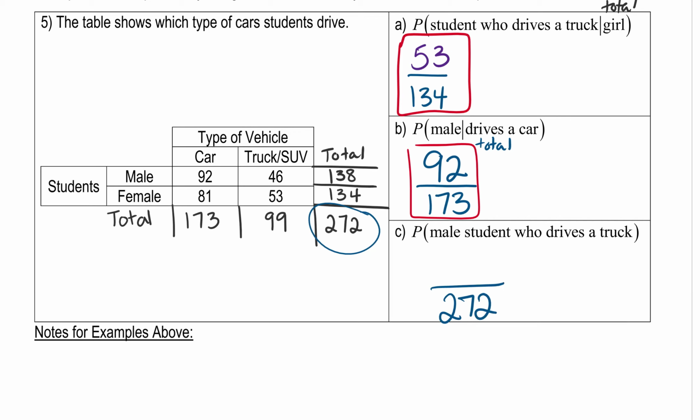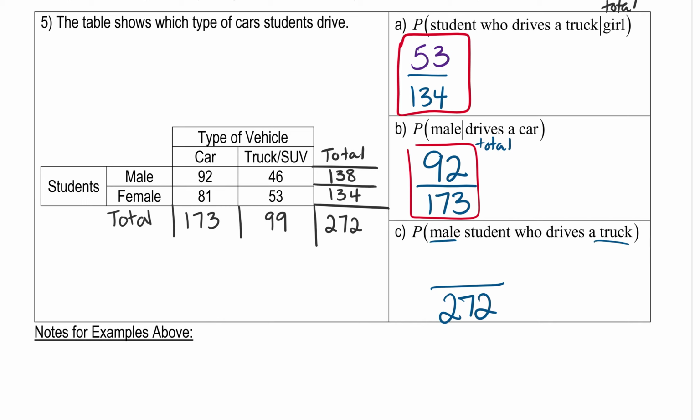Specific probability is when I want specifically one thing out of everyone included, or all options included. So I have to do the total, which is why we need to add all those up, because we might need it. So total is 272. Now, out of that total, I want a male student who drives a truck.